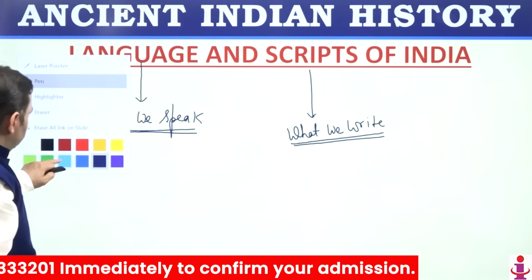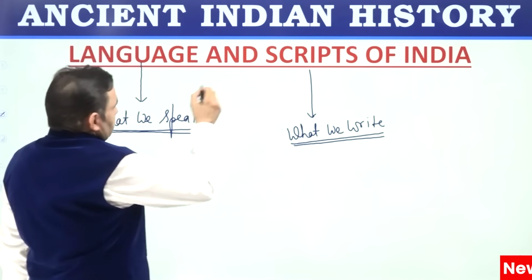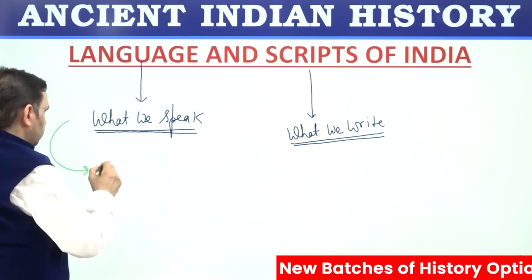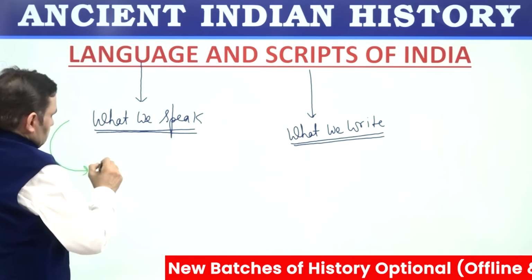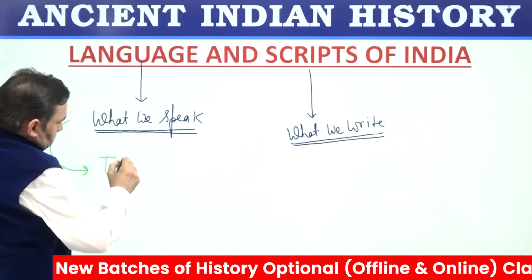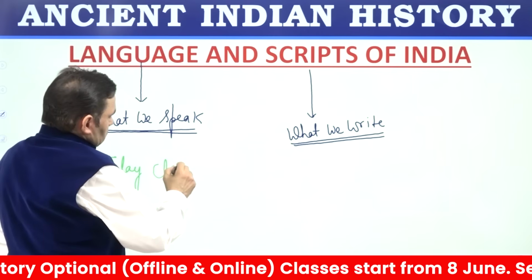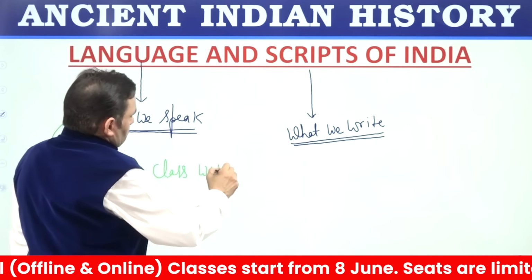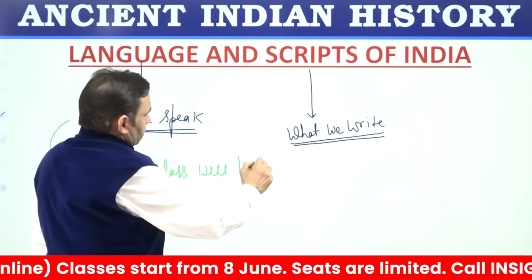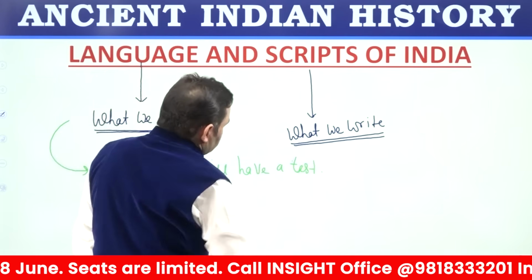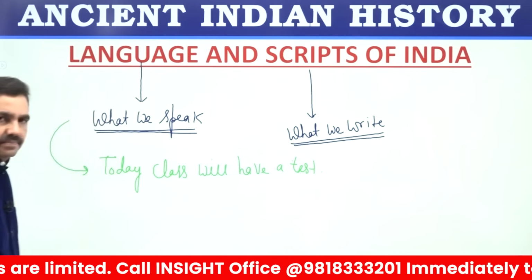For example, if I write one example here: today class will have a test. This is one way of writing.